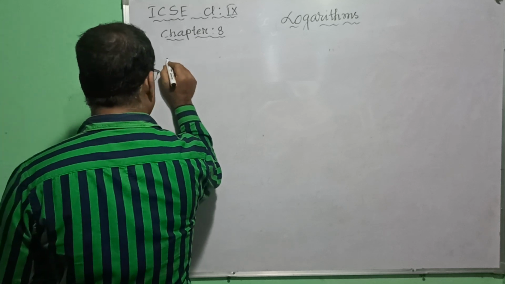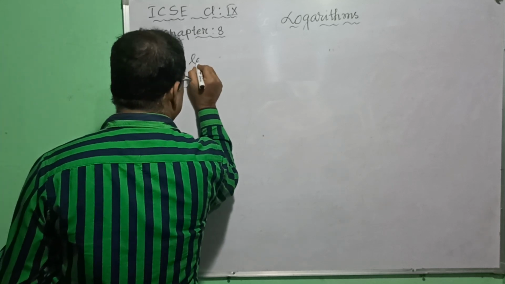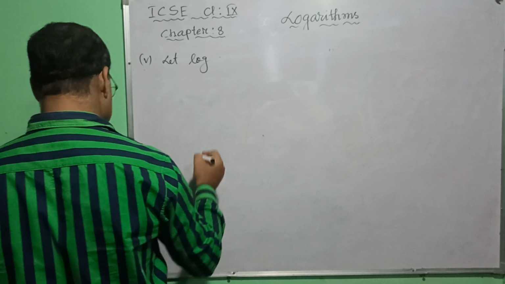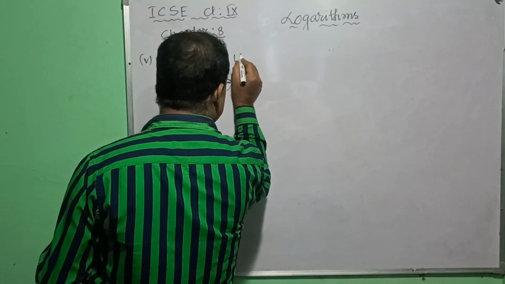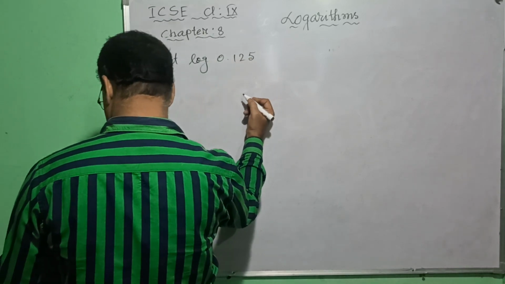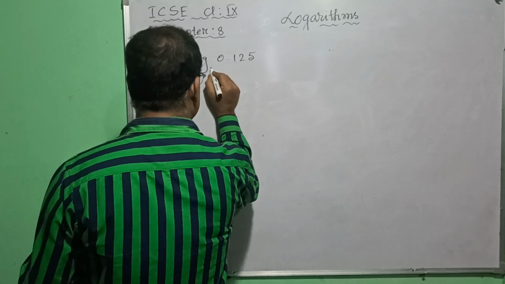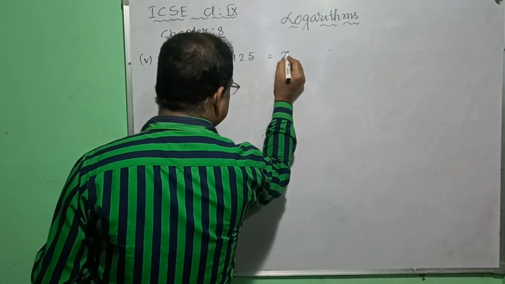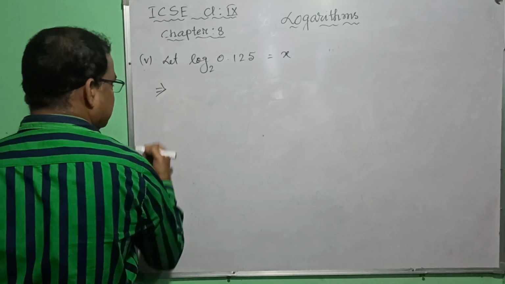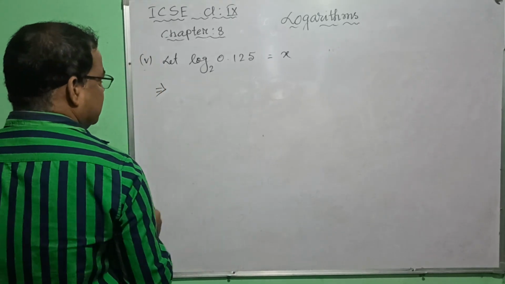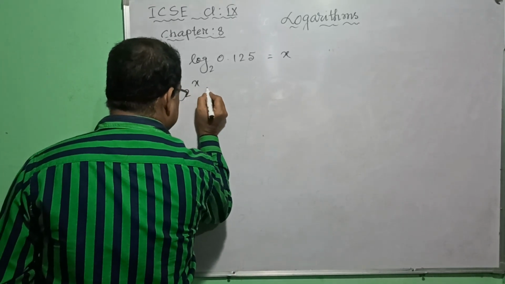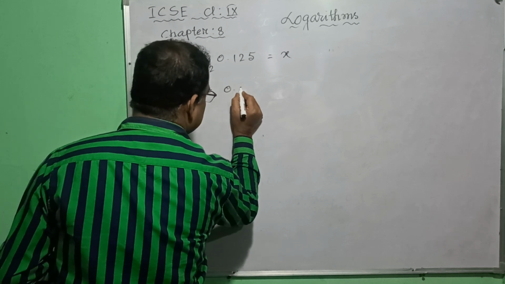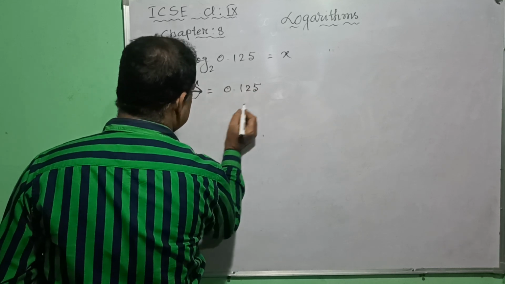So first of all, we will write, let log 0.125 at base 2 equal to x. This implies 2 to the power x equal to 0.125.